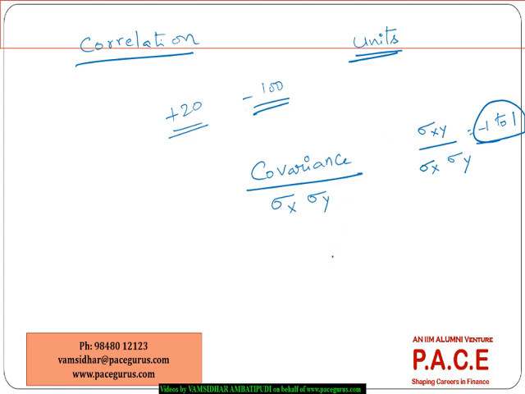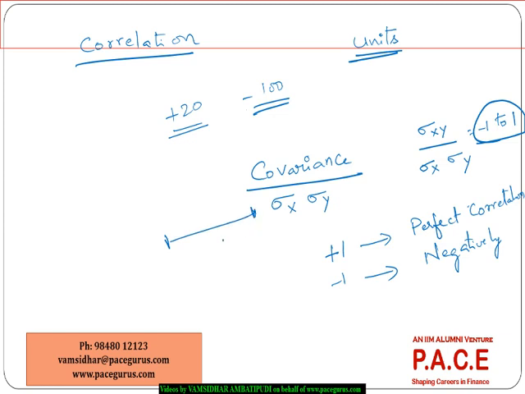If it is +1, we say it is perfectly positively correlated. And even if it is -1, we say it is perfectly negatively correlated. So anything on the extremes, we say that the correlation is much stronger, whereas somewhere in the middle, the correlation is becoming weaker and weaker.